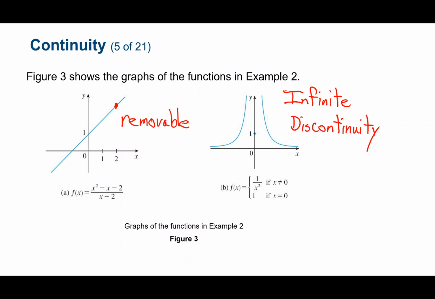Thinking about our limits, we have the idea of an infinite limit. We can say the two-sided limit of something is infinity, but that's not really a number. So there's no way our function value could match. Our function value is going to give us a y value, a number. So anytime we have a vertical asymptote like that where our values are running off to infinity, we're going to have a discontinuity there, and we call that an infinite discontinuity.